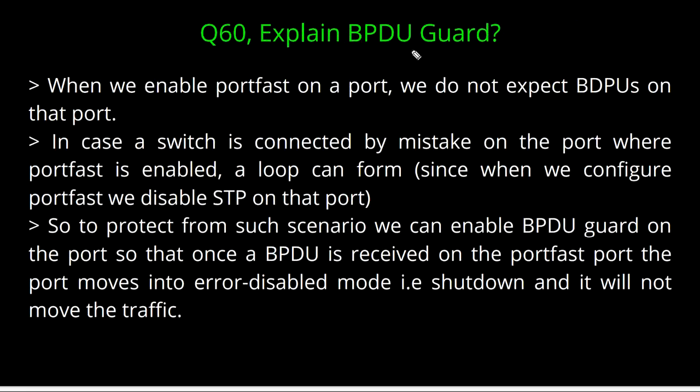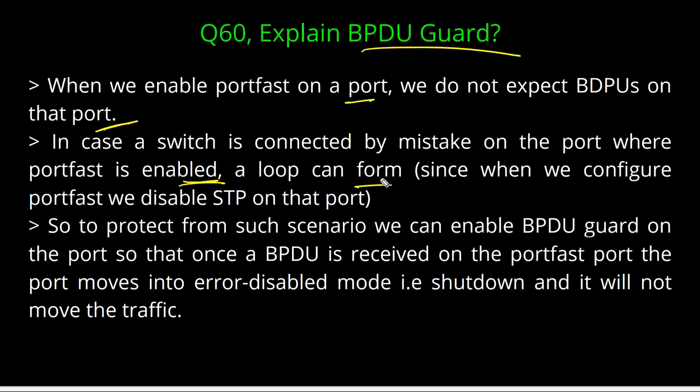So guys, what is BPDU guard? When we enable port fast on a port, we do not expect BPDU on that port. So in case a switch is connected by mistake on a port where port fast is enabled, a loop can be formed, right?